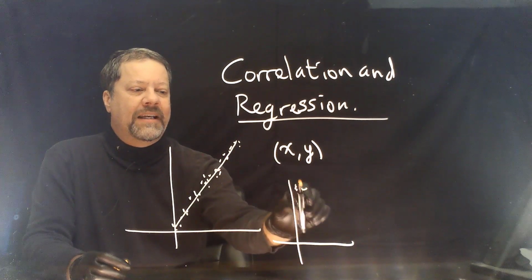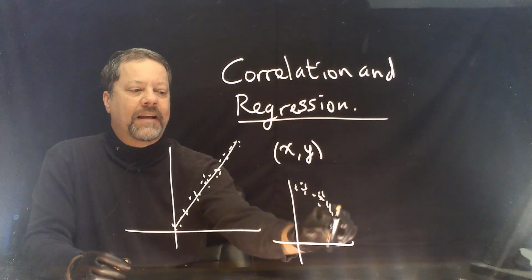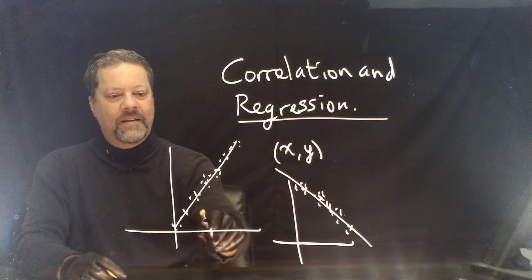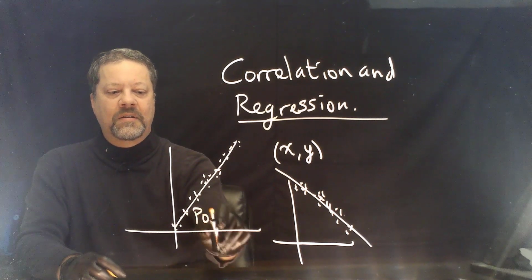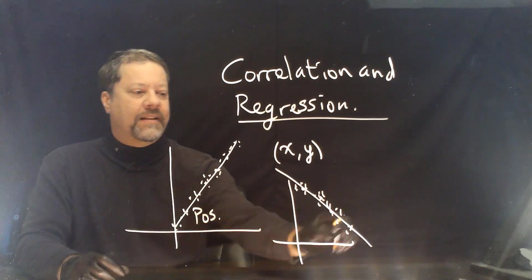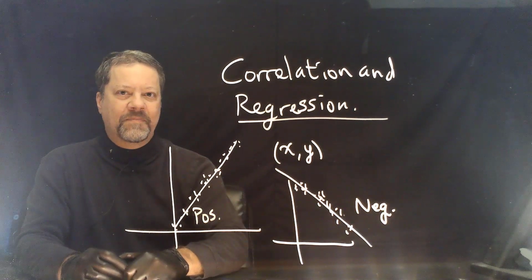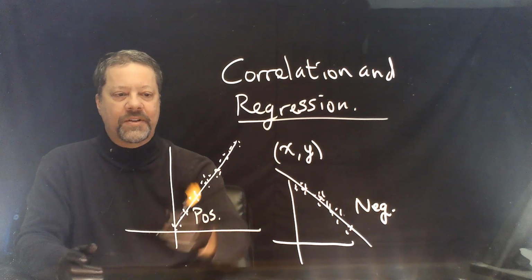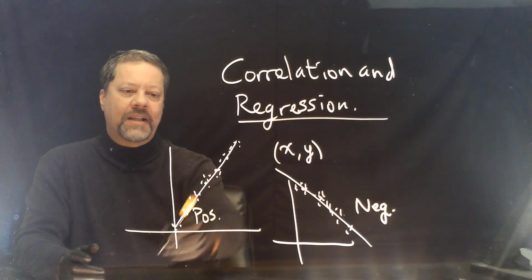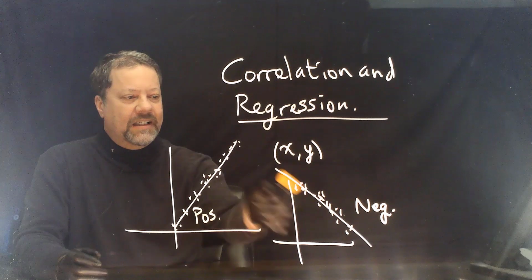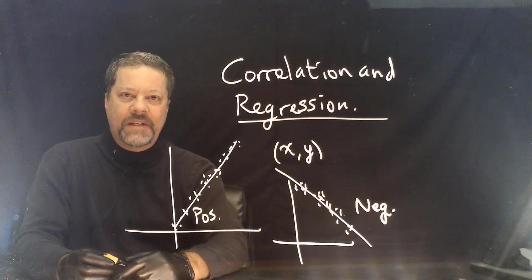It will be negatively correlated if the slope is negative. So this side is positive correlation and this side is negative correlation. The value of the slope is irrelevant, just that a positive slope would be positively correlated and a negative slope would be negatively correlated.